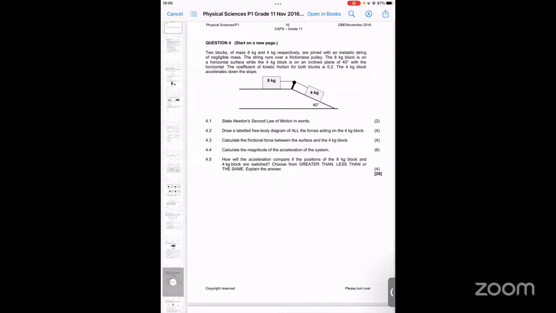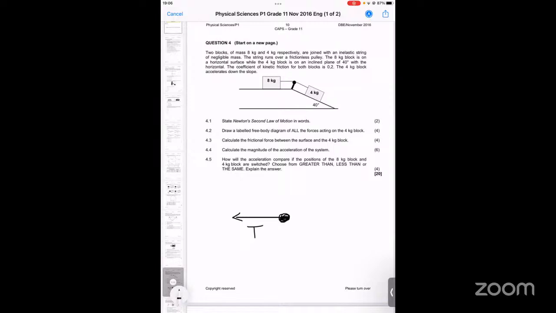Okay, so, sir, I would draw the tension force on the left-hand side, and I draw the tension force in that above direction. Yes, sir.